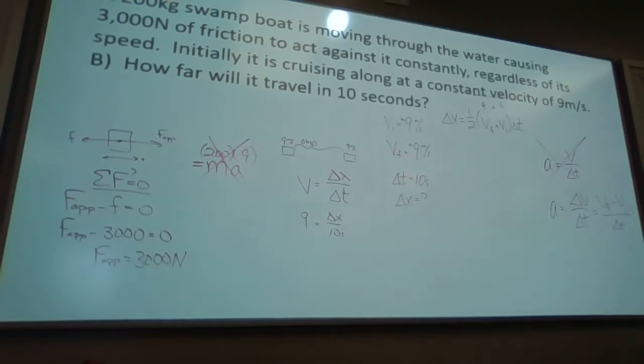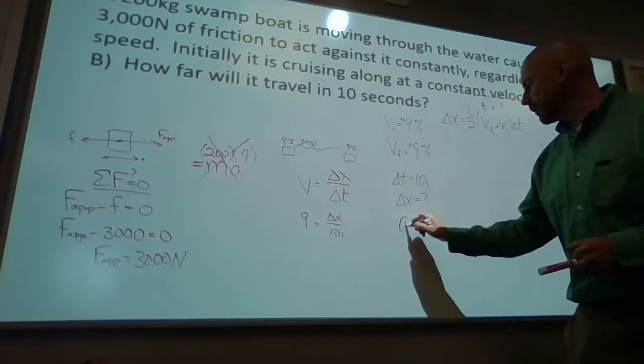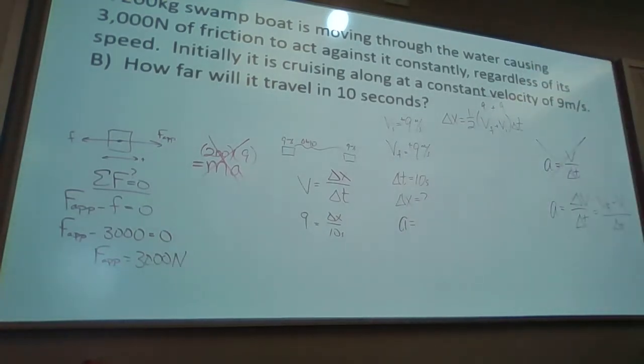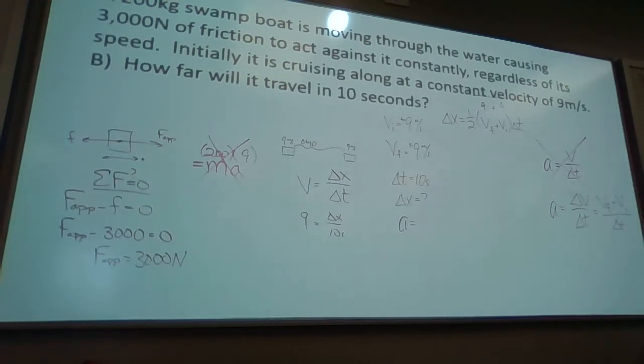Tell your neighbor what the value of acceleration is in this problem, and tell them why. You have 9 minus 9.